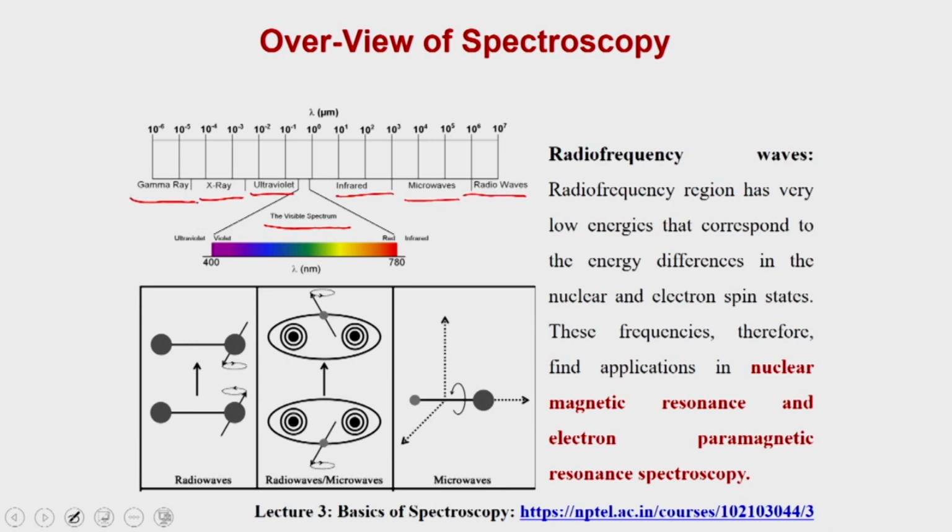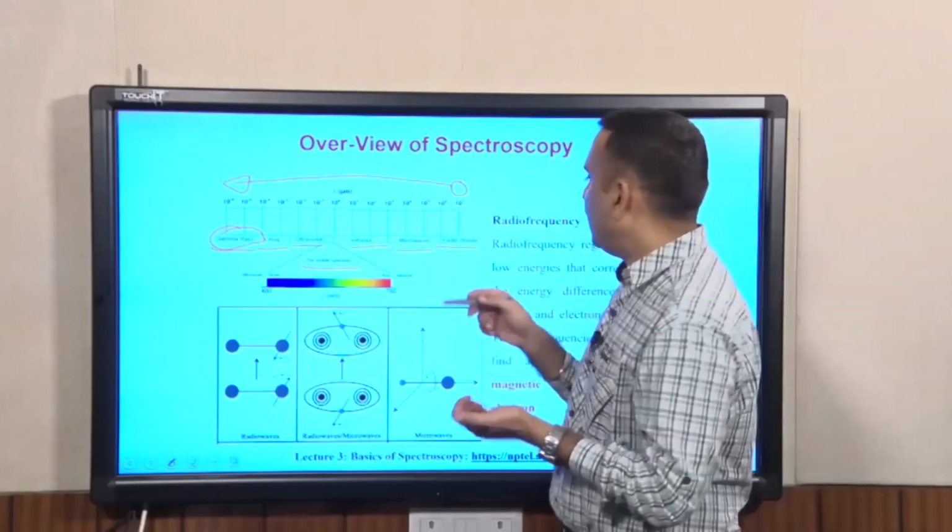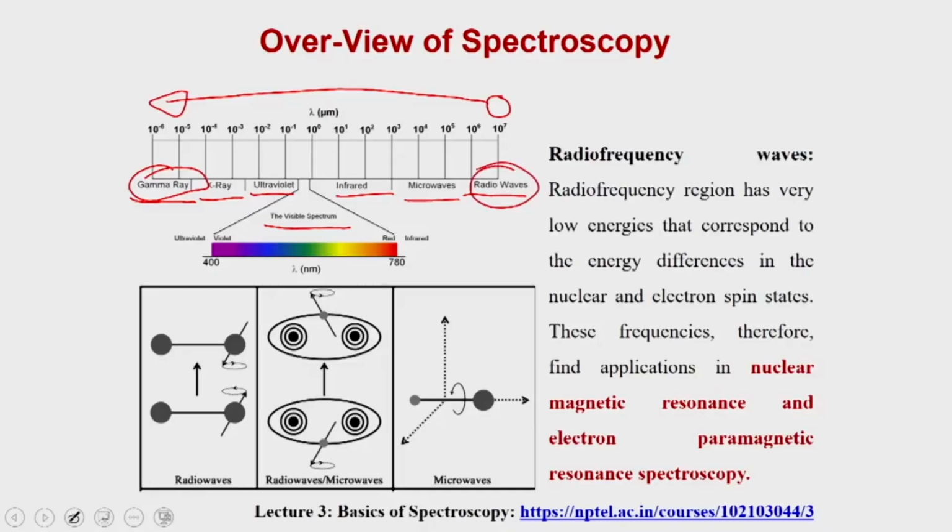You can imagine that if you put the values in terms of energy, this is the lowest energy and it increases in this fashion, which means the gamma rays have the highest energy, whereas the radio waves contain the lower energy.